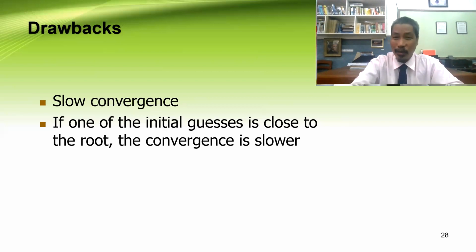We say it is slow because we have other methods that are far faster than this. If one of the initial guesses is close to the root, the convergence is slower. So this is one of the drawbacks. Although you can be sure that it will give you the correct answer, it is very slow.